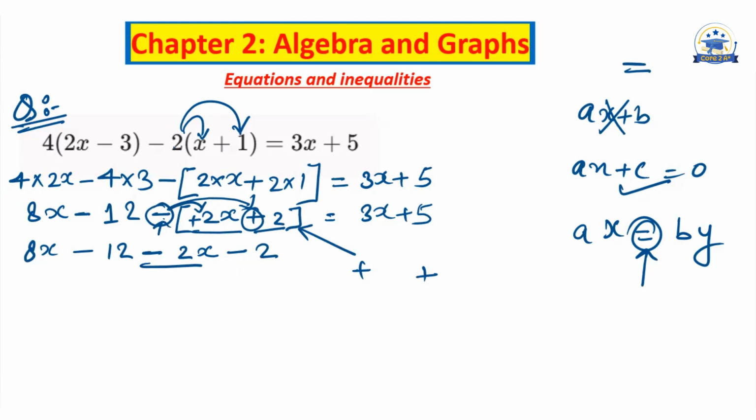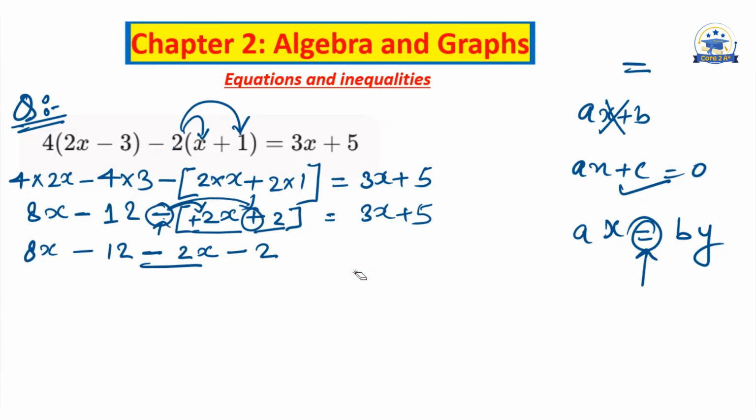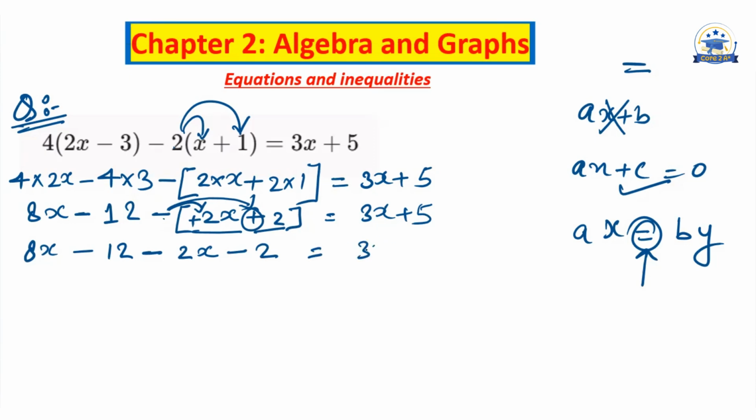So be careful. Don't ignore it, otherwise your answer will also be wrong. Here both are negative because of one negative. Now 3x plus 5. Here we don't have any negative, so just write it as it is.